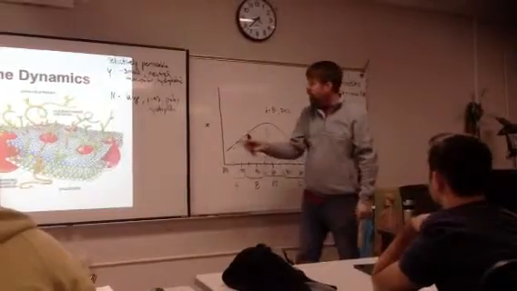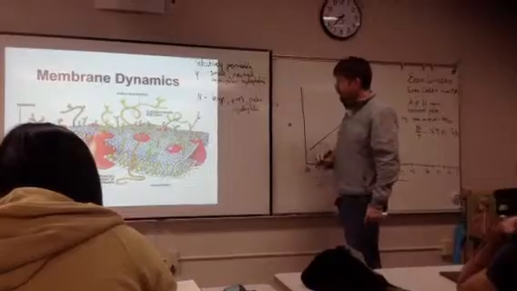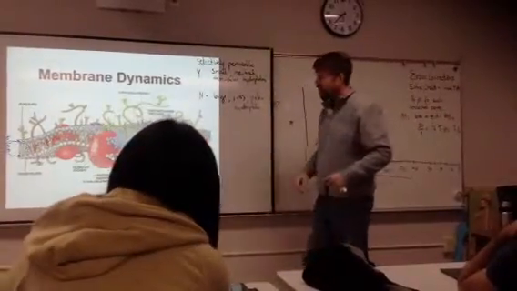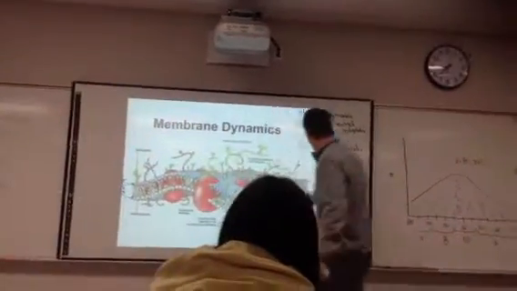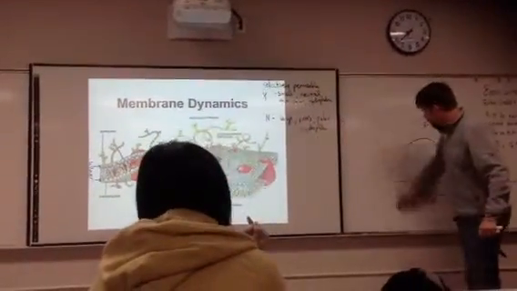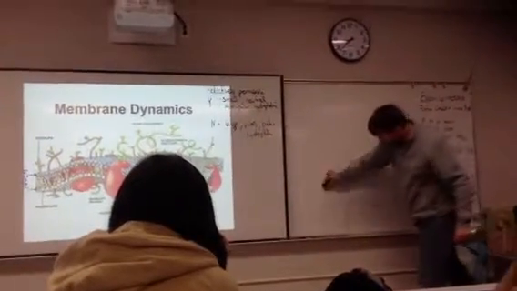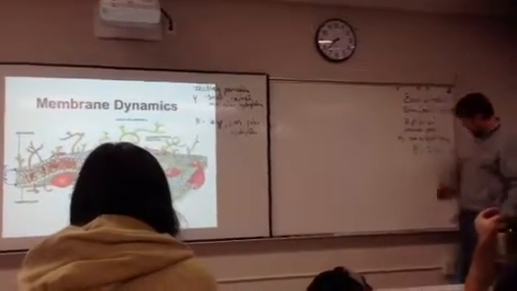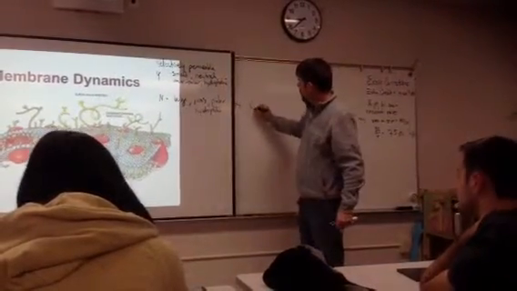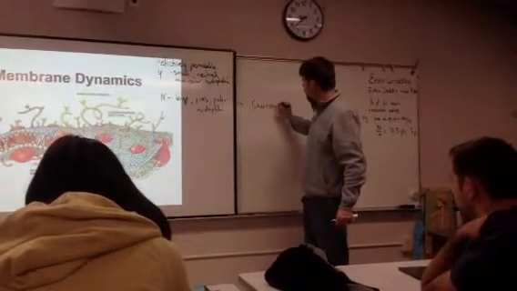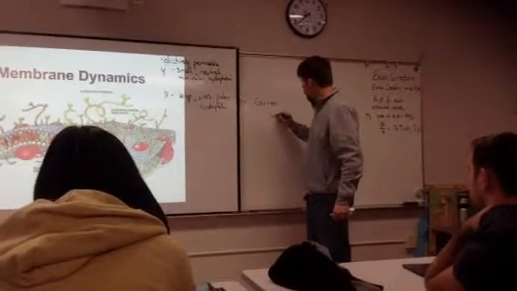So if these things are going to be passed across the cell membrane, they have to be facilitated, meaning that we need a carrier to help them move across. If we're going to pass something through that is charged, polar, hydrophilic, we need to have a carrier that does it. And these carriers are channels, ion channels.